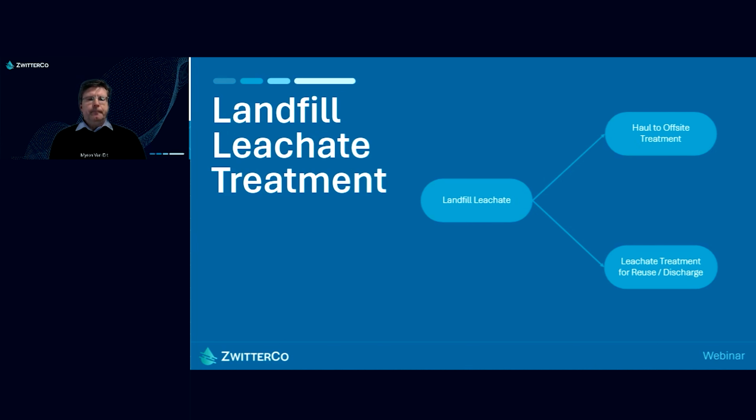All right, next, when it comes to leachate management, there are effectively two ways to handle landfill leachate. One is to haul the leachate to an offsite treatment facility, which is typically a POTW. This is very common in North America. But there are changing dynamics, such as higher cost of transportation, as well as rising regulatory concerns regarding the leachate itself.